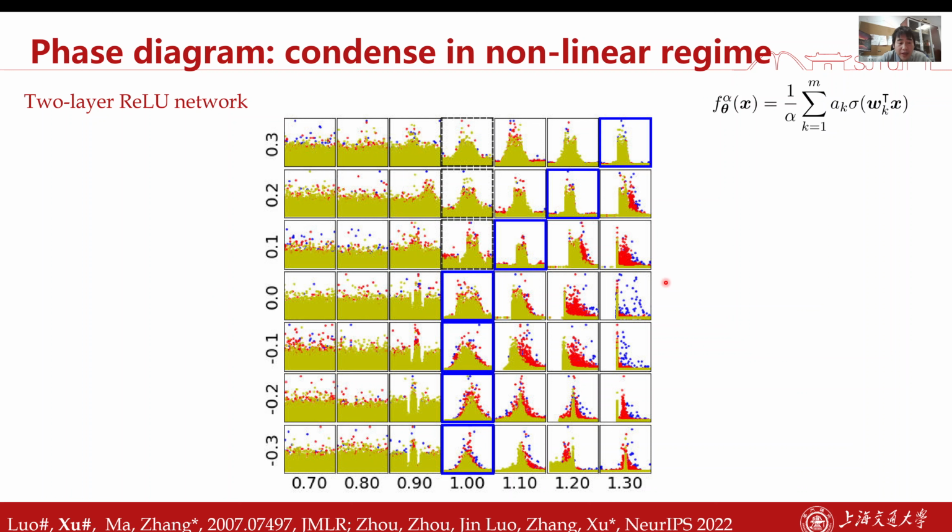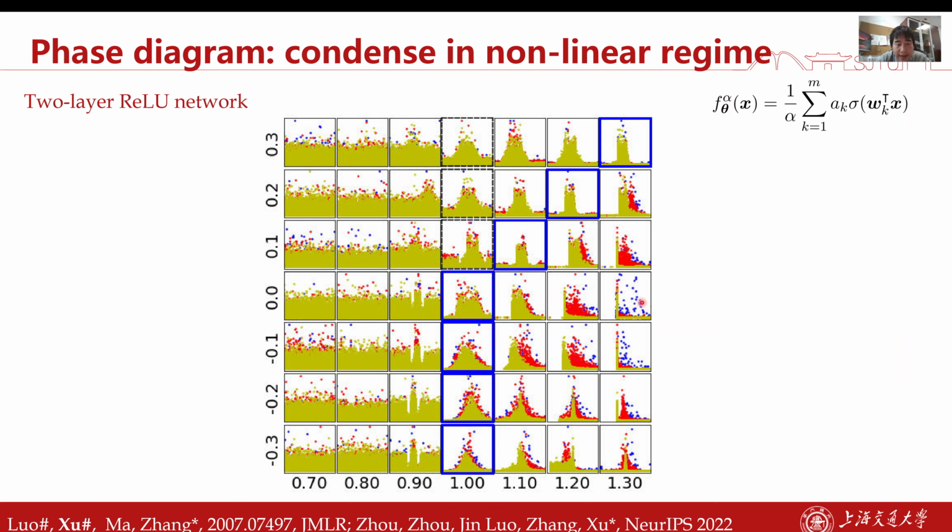So what are the different colors here? The yellow color is the network of 1 million neurons, the red color is the neural network with only 100,000 neurons, and the blue one is the network with only 1,000.